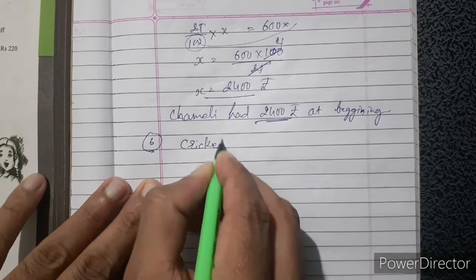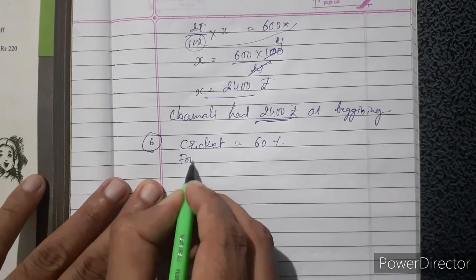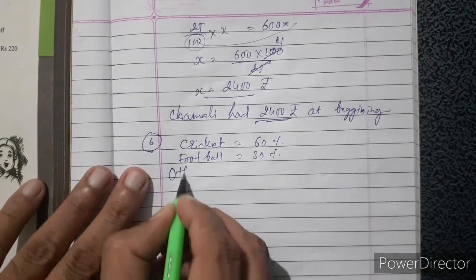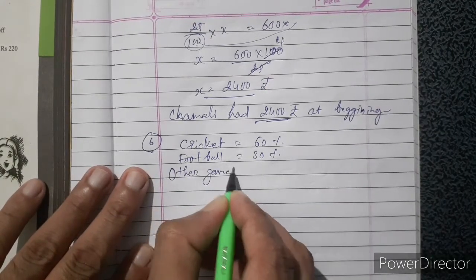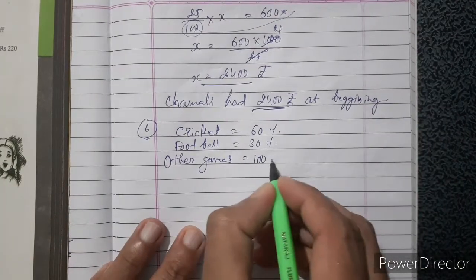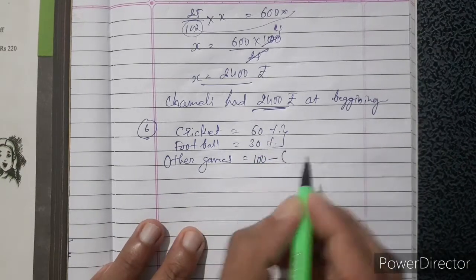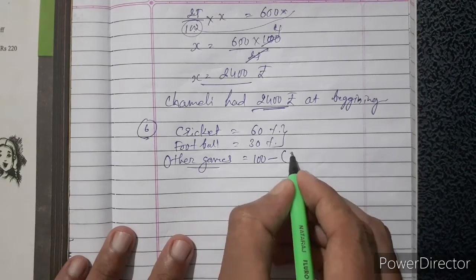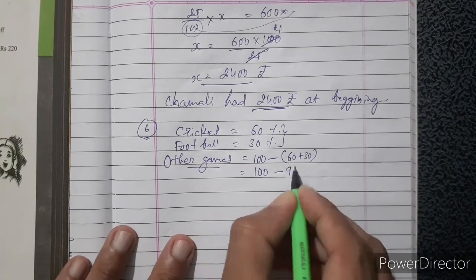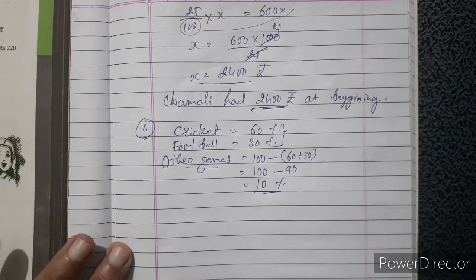The number of people who like cricket is 60%, football is 30%, and other games is not given, but we know that the total is 100, so 100 minus the sum of these two. We subtract these two numbers to get the percentage of other games: 60 plus 30 in brackets, that means 100 minus 90, that is 10%. So 10% of people like other games.